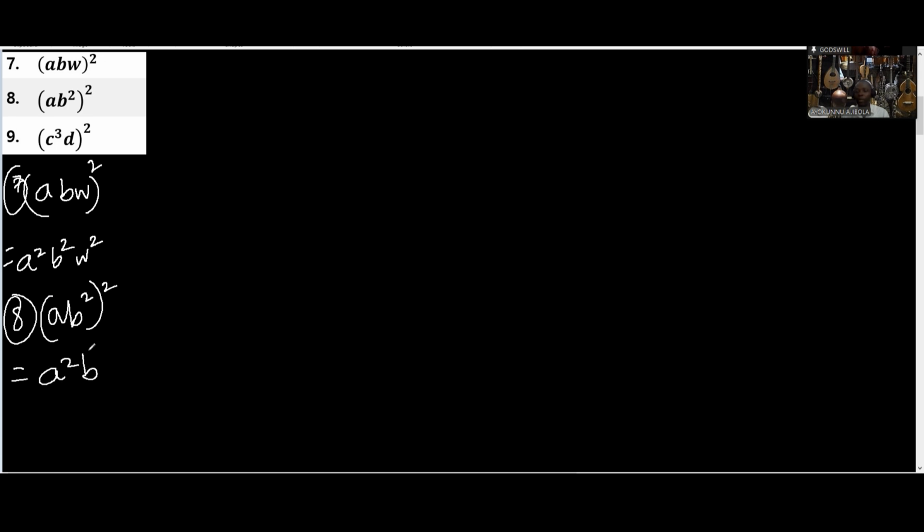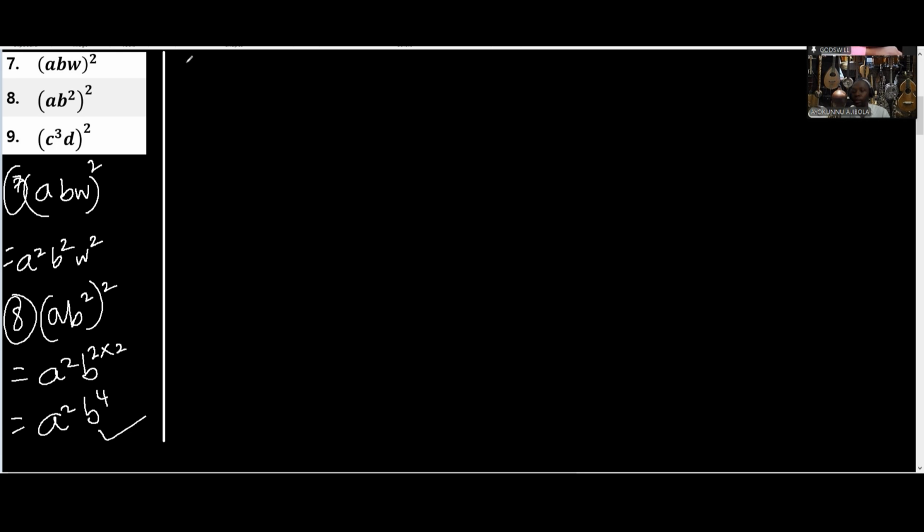It says (ABW) all squared. This is just A squared, B squared, W squared, and that's all, okay? Number 8, we have (AB squared) also squared. So this is going to be A squared, then B raised to power 2 times 2, and this will be A squared B raised to power 4. Is that clear to you? Yes. Okay, good.